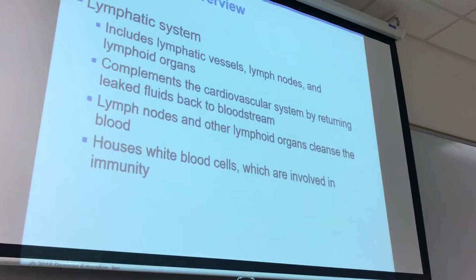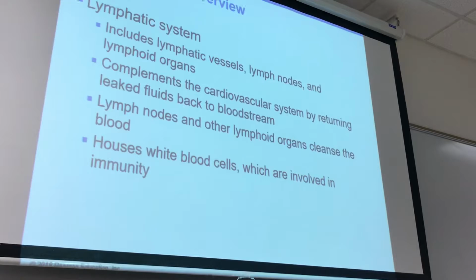Lymphatic system is next. The lymphatic system is connected to our immune system. So when you think lymphatic, also think immune system. Our lymphatic system is a series of lymphatic vessels that ultimately take a portion of the fluid that surrounds our cells, which is brought there by our circulation, and it brings it into the lymphatic system.